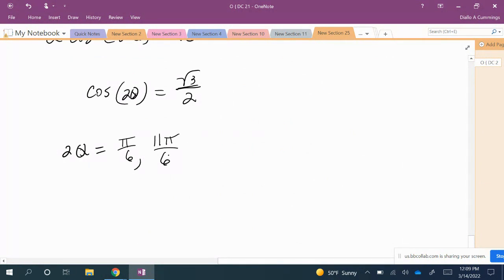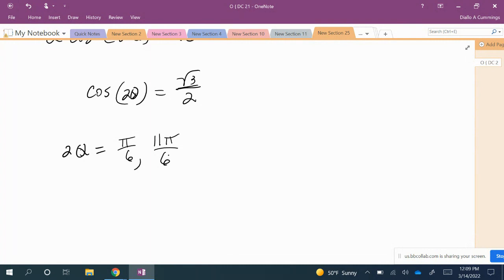Right, but that only gives us the angles from 0 to 2 pi. So how do we find the other angles from 2 pi to 4 pi that have these same cosine values? Well, here's what we're going to do.